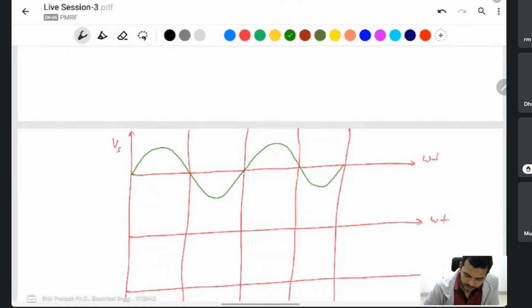Draw for 2 cycles: pi, 2 pi, 3 pi, 4 pi.